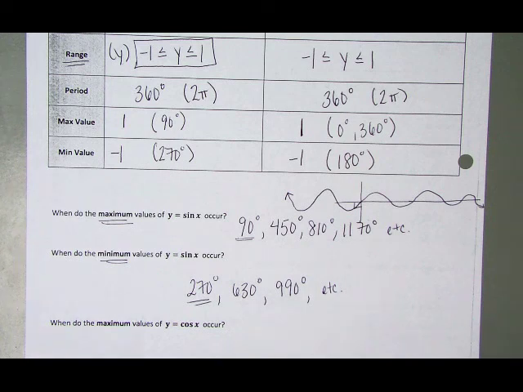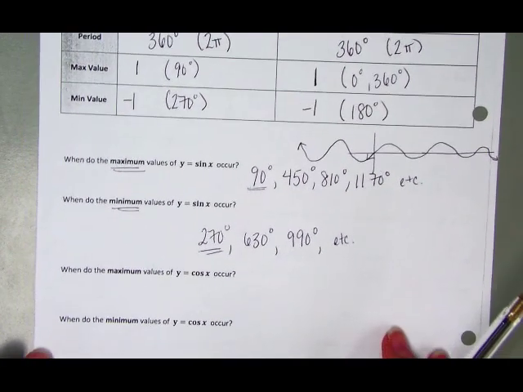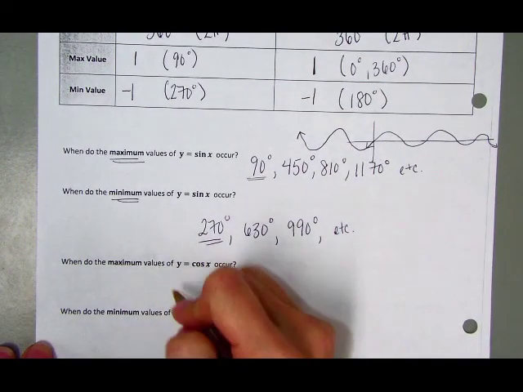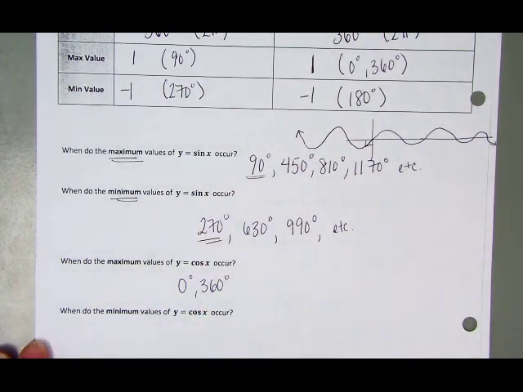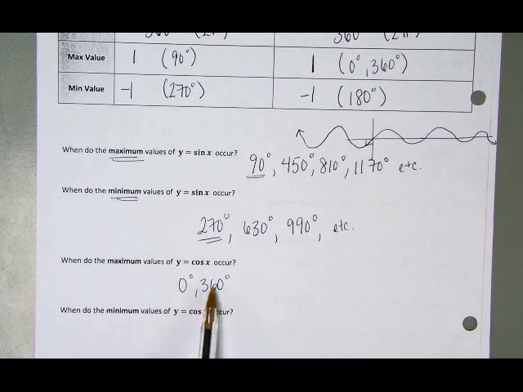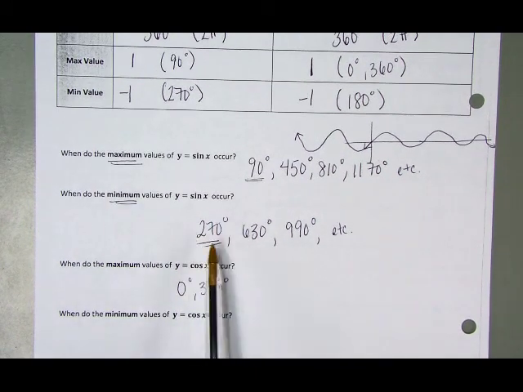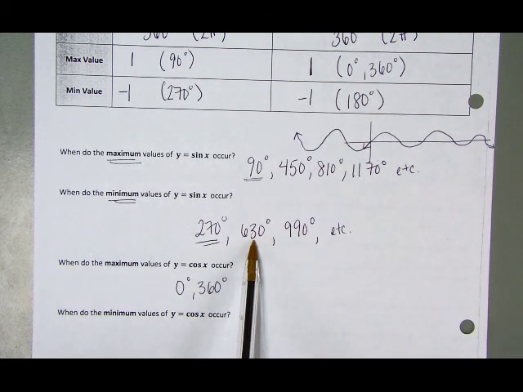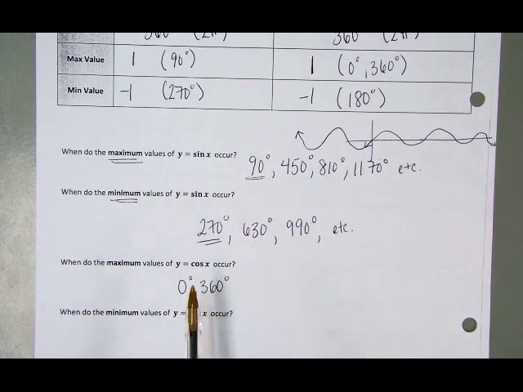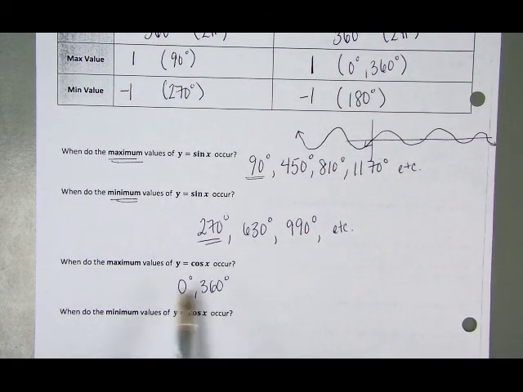If we go on to cosine, our maximum occurs, we have two of them, at 0 degrees and 360 degrees. And this makes sense because these are already coterminal. So coterminal means you keep adding 360 to your original to get your new degree measure. These two are already coterminal, that's why there's a maximum at both of them.